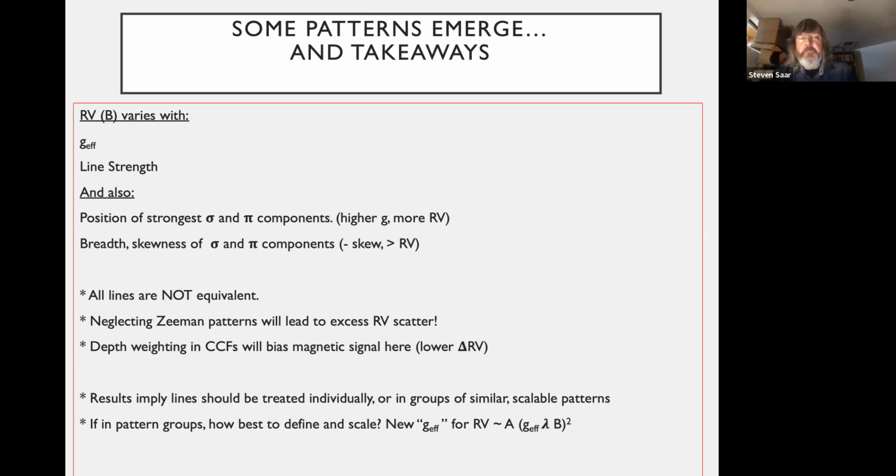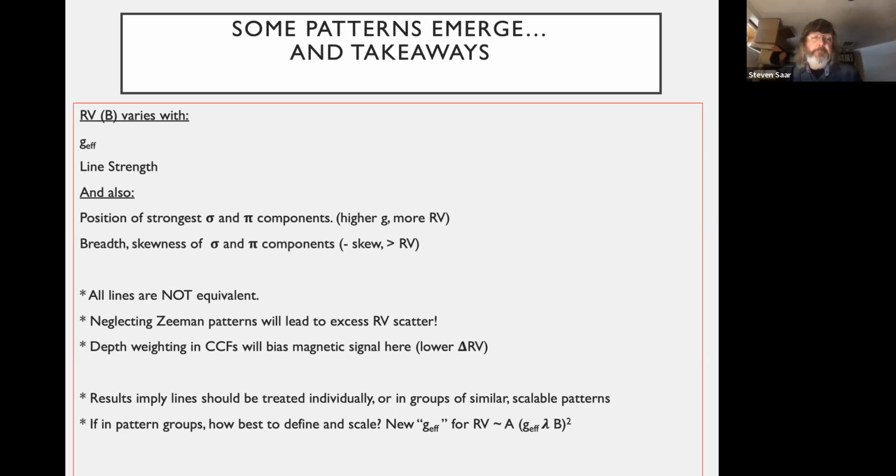The higher the G value is for the sigma and pi components, the more RV you get out. And the breadth and skewness of the sigma and pi components also seems to be important. Negative skewed ones, in other words, the lines with the strongest component at the highest G's, the furthest out from line center, as one might expect, give a larger RV signal.